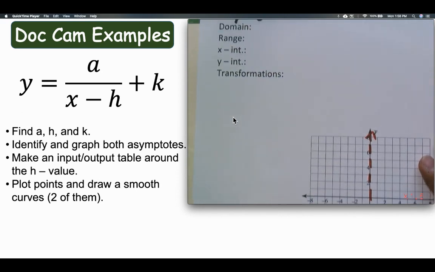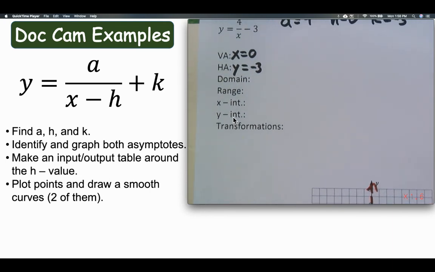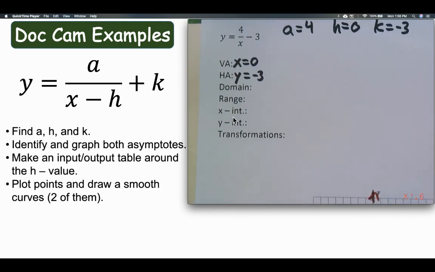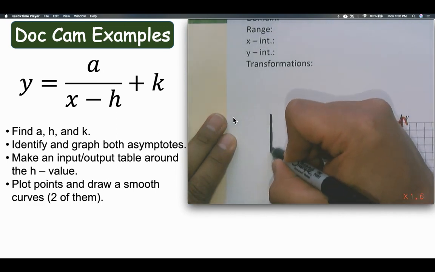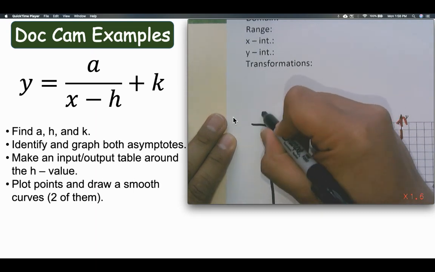All right, I'm to my third part. So input output table. So we're just gonna show how we get these different parts. Since I ran out of room on the last one, let's go ahead and do it right here. I think this is probably a better spot. So x and y.